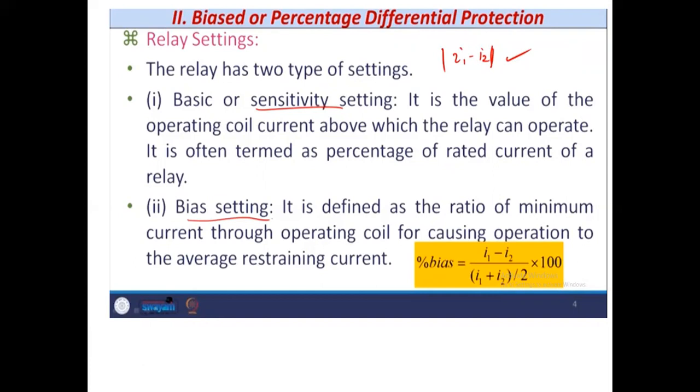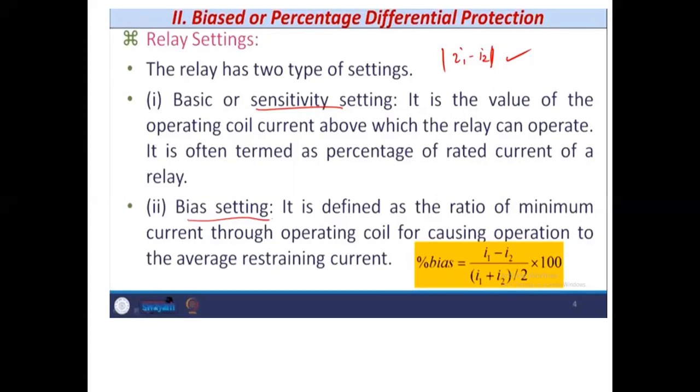This is the current that flows through the operating coil of the relay, that is, the bias differential relay. So this is the first setting of the relay, the sensitive setting or the basic setting.